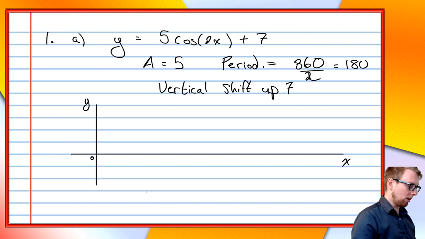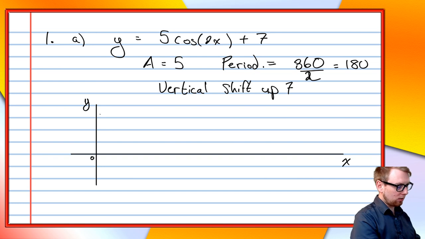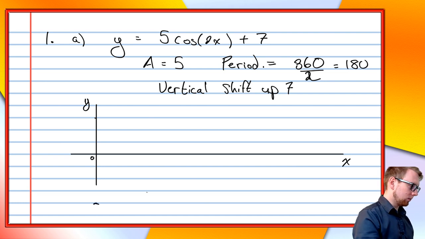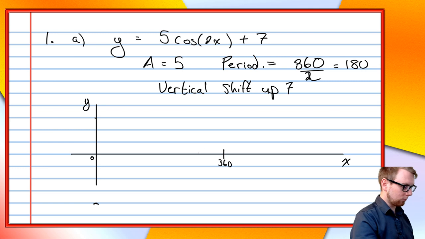So I would draw the regular cosine, then I would do the amplitude change, so 5 to -5. And then I would do the period change, so from 360 drop down to 180, etc.